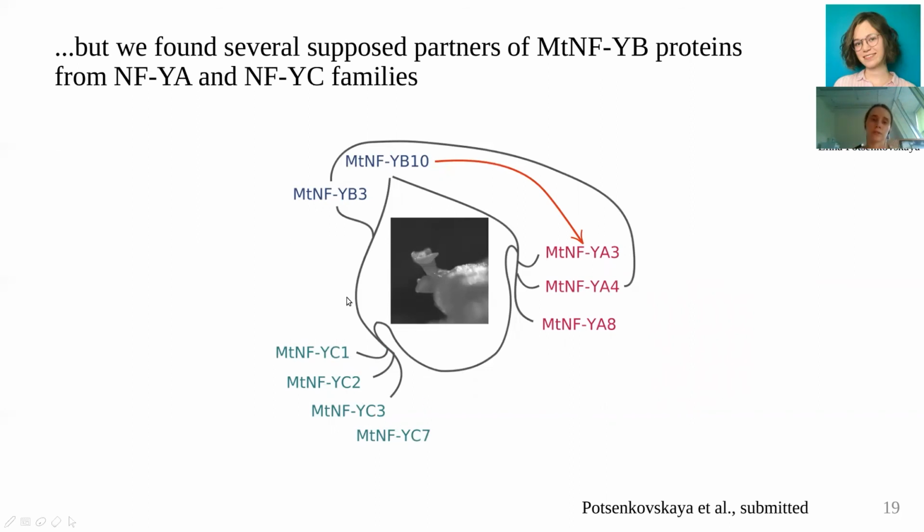We found supposed partners of YB3 and YB10 genes among the NFYA and NFYC families. And also we found that this NFYA can have elevated expression during embryogenesis. So we plan to check if overexpression of these NFYA genes can stimulate somatic embryogenesis, maybe together with NFYB and NFYC genes.